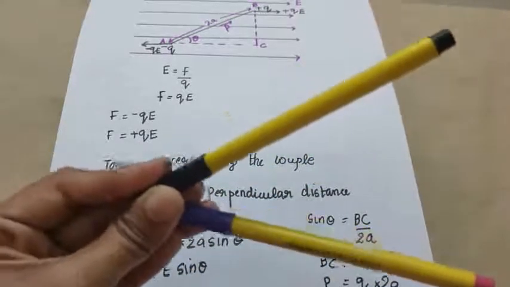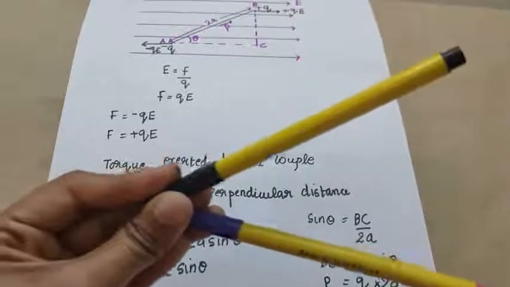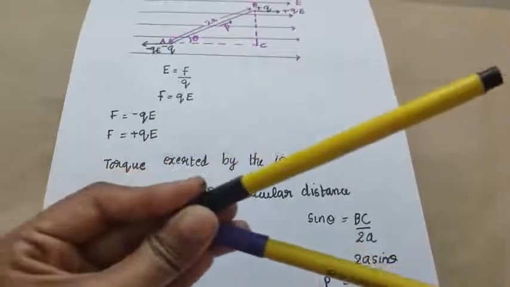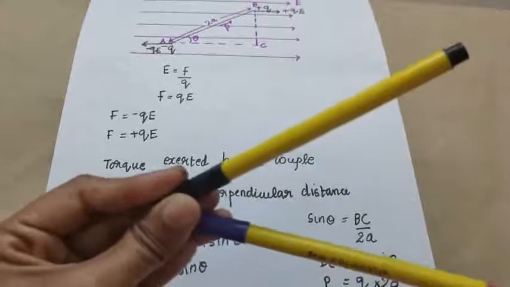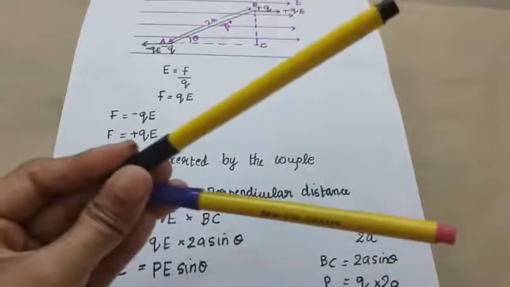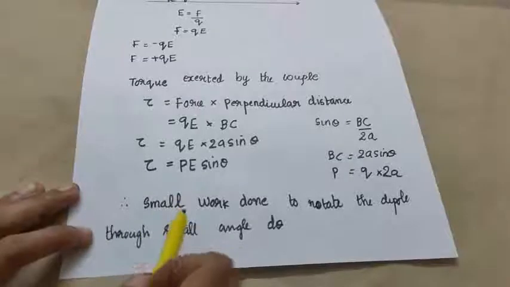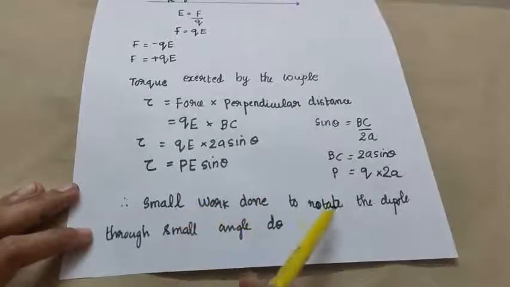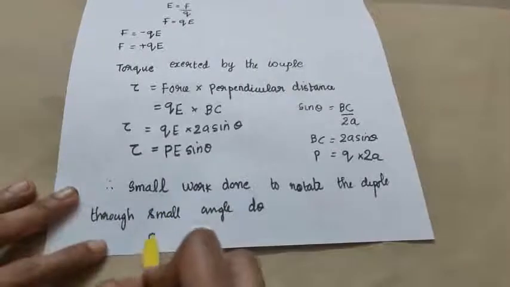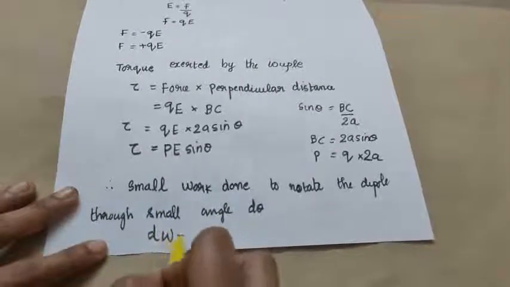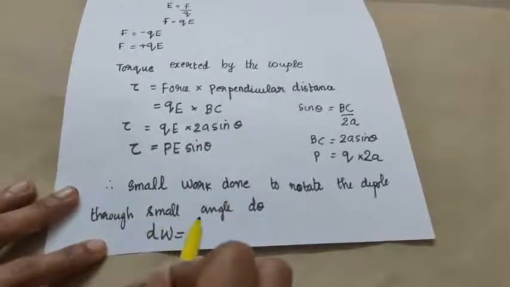From that we can calculate the work done in order to rotate the dipole through a small angle d theta. The small work done can be written as dW. Work is equal to force into displacement.